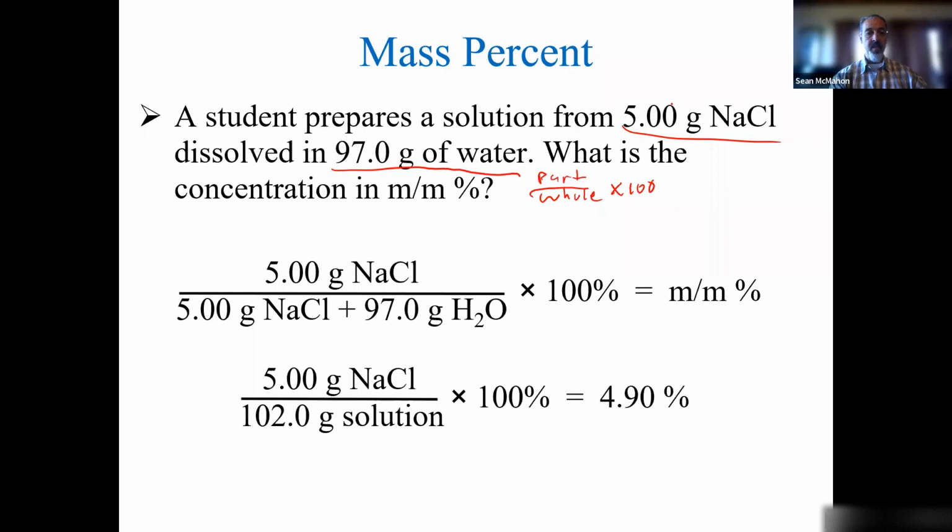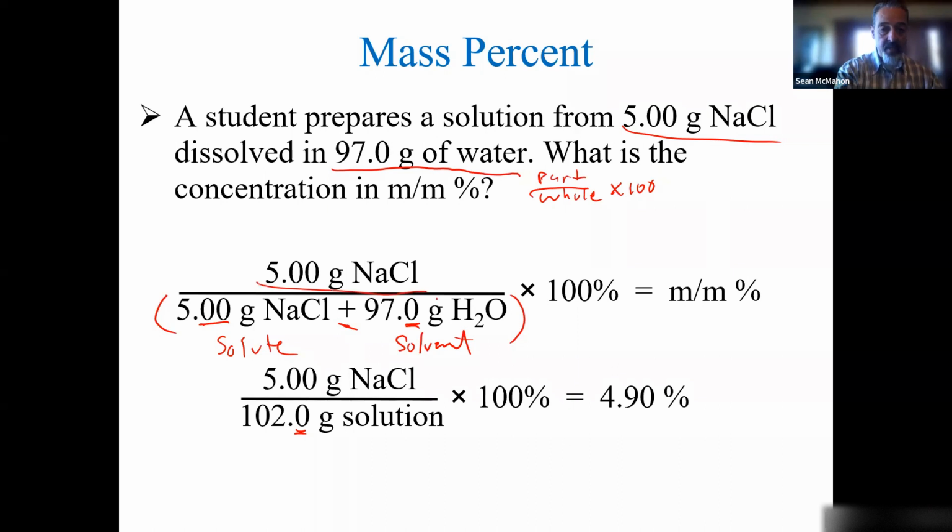Okay. Now, a lot of people get tripped up, and I want to clear something here. For the whole, remember, this is my solute plus my solvent. This is a good time to review significant figures. This goes to the tenths. This goes to the hundredths. When I add, I go to the least precise, which is why the 102 only goes to the tenths.